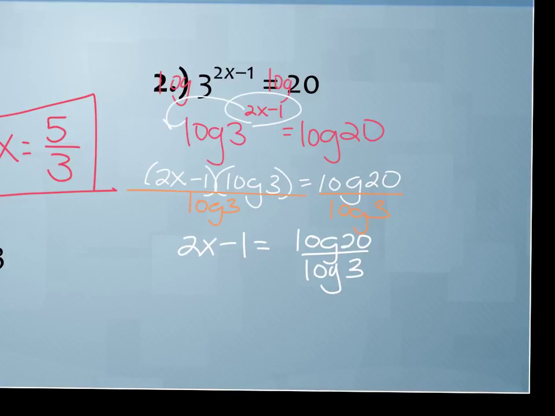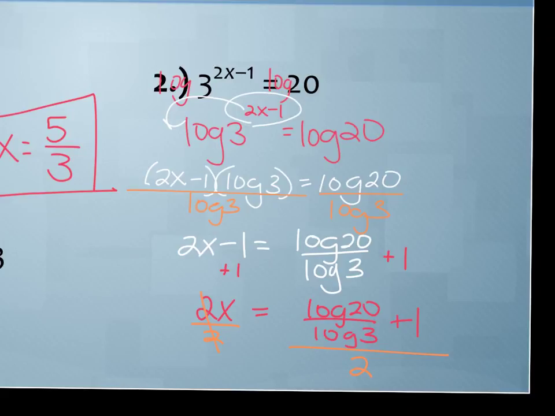And I can either find that now and round it, or I can keep going. So I could add the 1. 2x would equal log of 20 over log of 3 plus 1. And then the last thing I'm going to do is divide by 2 at the end. So I can do that all at once in the calculator, or I could break it down into its parts.